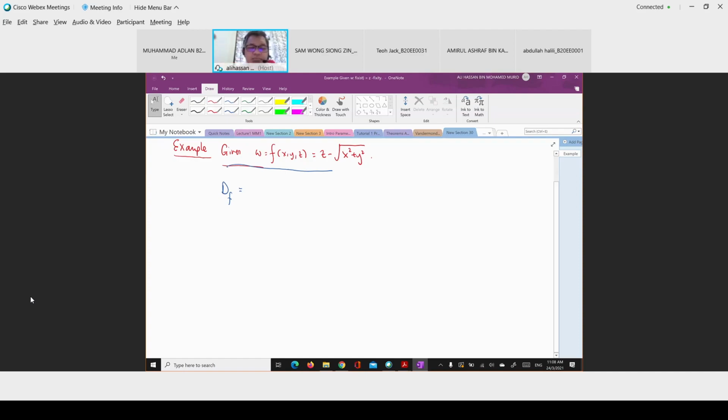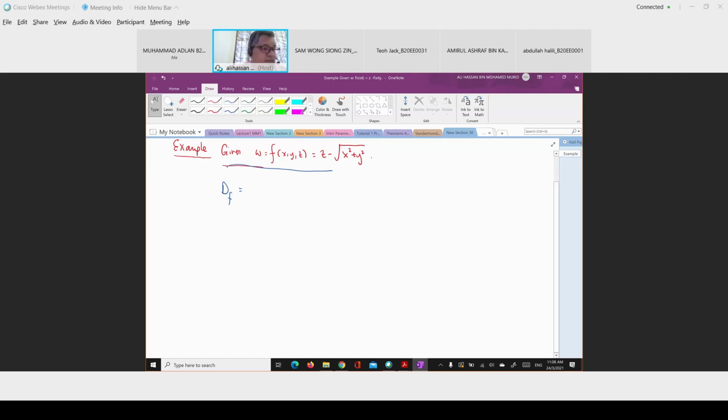Are there any values x, y, and z that will give difficulties in evaluating this function f? No, there is no restriction, I think. Because x squared is always greater than or equal to 0 for any number x. Similarly, y squared is also greater than or equal to 0 for any number y. So the domain is the entire x, y, z.